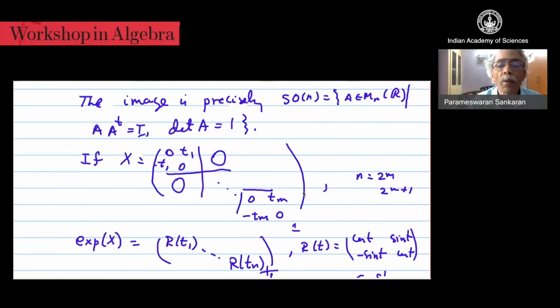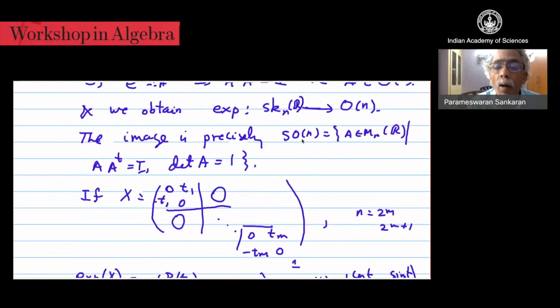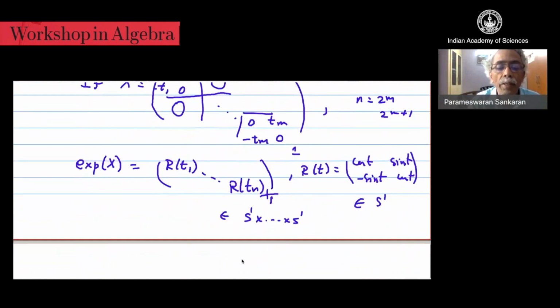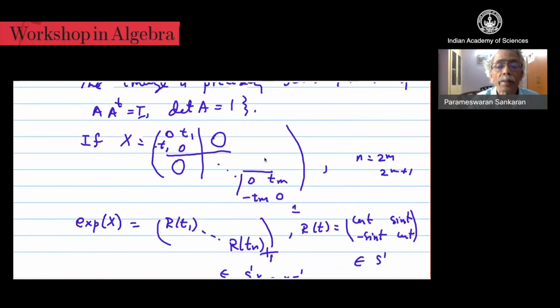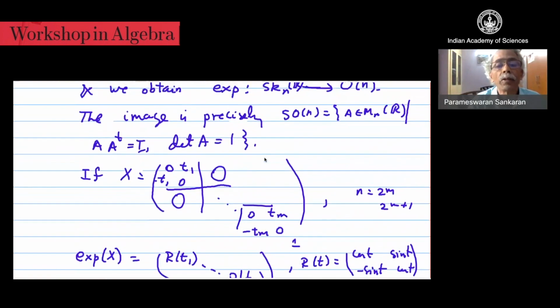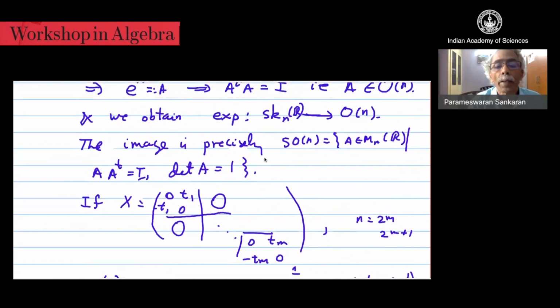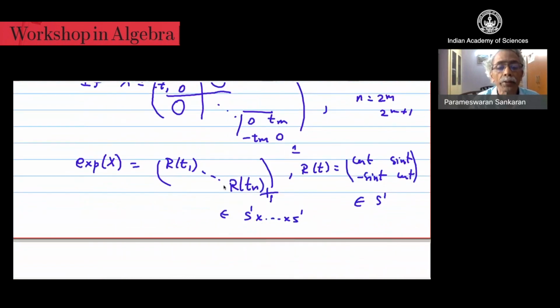Now the main point is that when you look at an arbitrary element, that may itself not look like the block diagonal forms like we have here, rotation matrices, but it is conjugate, in fact, by an element of SON, so that it becomes block diagonal in this particular fashion.